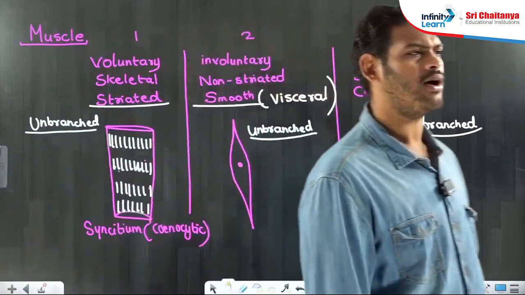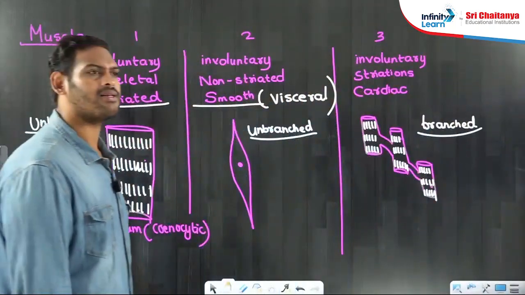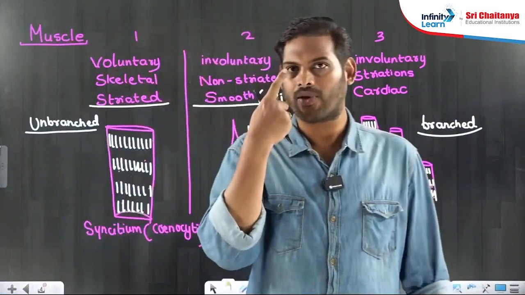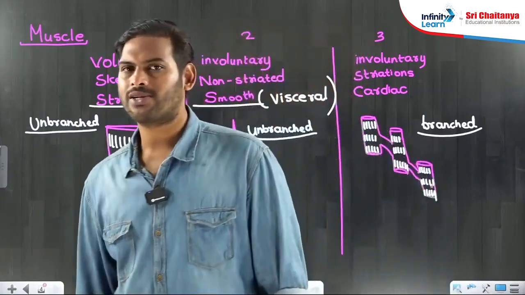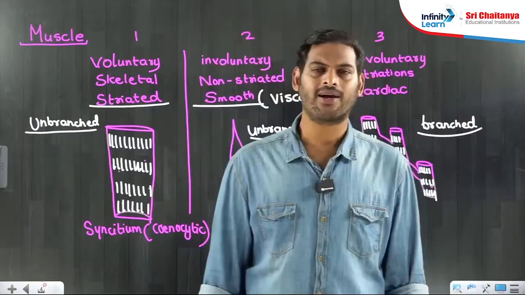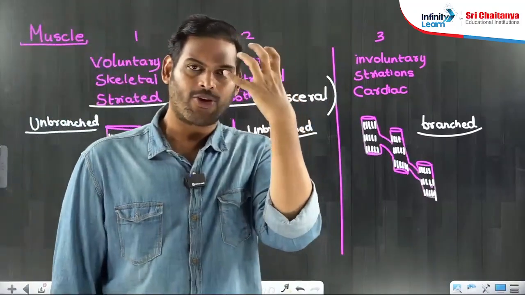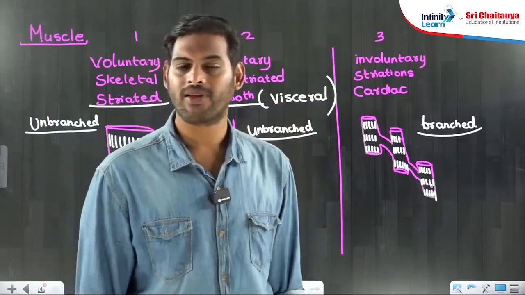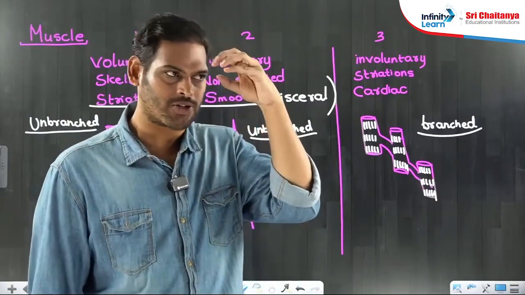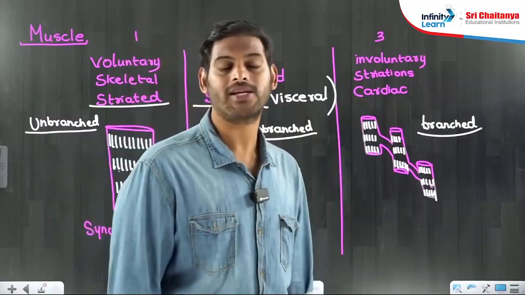One more, can you try again? There is a muscle in your eye which controls how much light enters your eyes. If you're in dark, that part will dilate. If you're in light, this part will constrict. Pupil, yes.